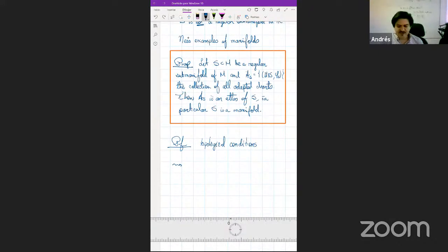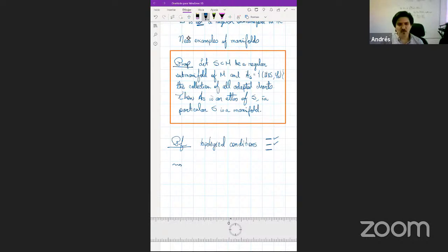So basically, what we must do, you already gave me the three conditions. Second countable, Hausdorff, and locally Euclidean, right? So here is where we use that condition about the adapted chart.